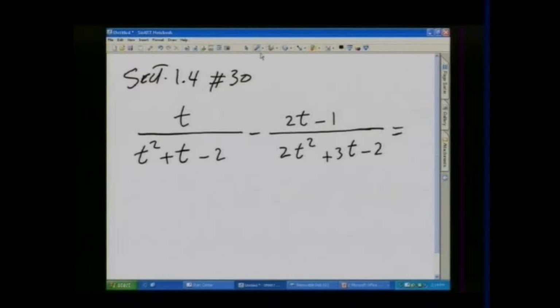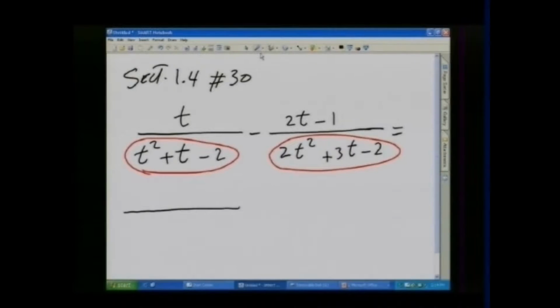What you want to look at is the denominators here, these two denominators, and see if you can factor any or both of these, and therefore find the least common denominator.